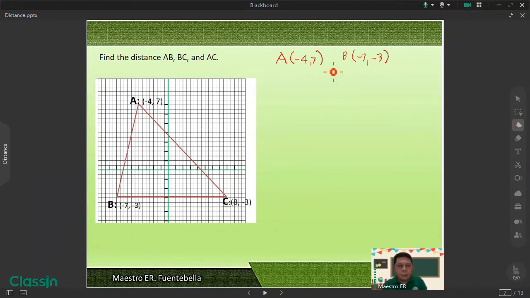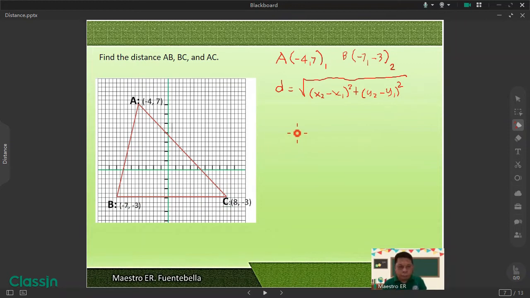So let's assign this point A as your sub 1 and B as your sub 2. Okay, so substitute now to the given formula that d equals the square root of the quantity x sub 2 minus x sub 1 quantity squared plus the quantity y sub 2 minus y sub 1 quantity squared.